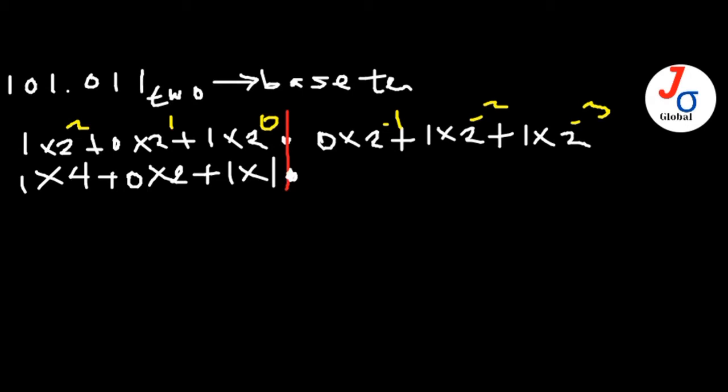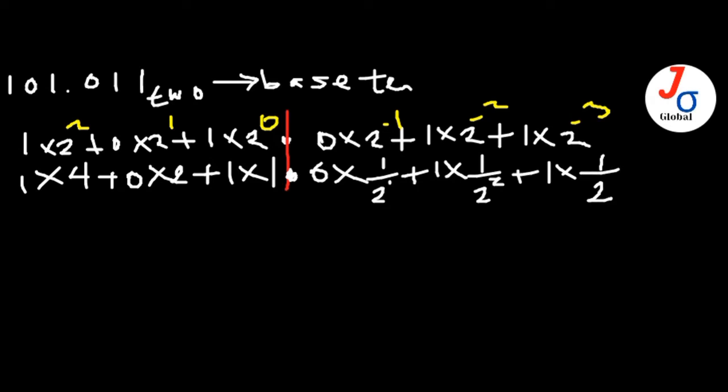Then 0 multiplied by 2 raised to the power -1, which is 1 over 2 raised to the power 1, plus 1 times 1 over 2 raised to the power of 2 because of the negative index, then plus 1 times 1 over 2 raised to the power of 3. The negative is actually becoming 1 over.